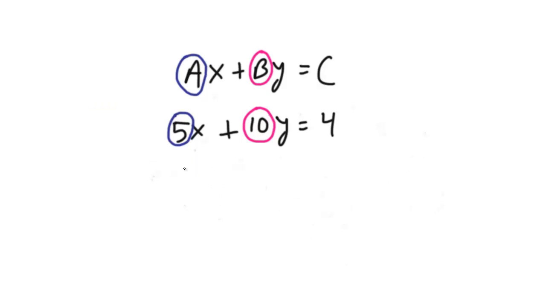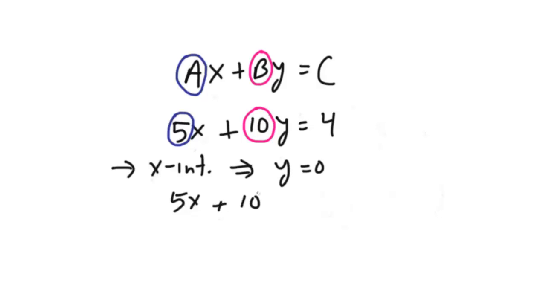You can also find the x-intercept. In order to find the x-intercept, we make y equal to 0. So now if y was equal to 0, you would have 5x plus 10 times y, which is 0, equal to 4. Now this goes away, then you're left with the 5x equal to 4, and then we divide both sides by 5.